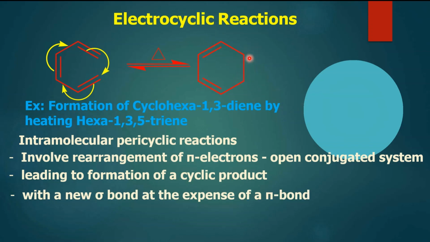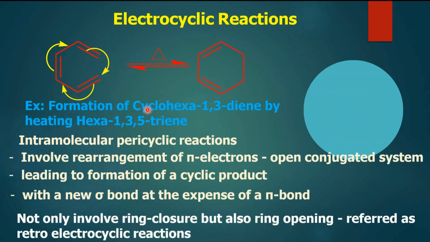Here I have seen a new sigma bond is formed at the expense of one pi bond. Here there are three pi bonds. In the product there are two pi bonds. A new sigma bond is formed in the product and one pi bond has been lost from the starting material. The reverse reaction is also equally true and it occurs.